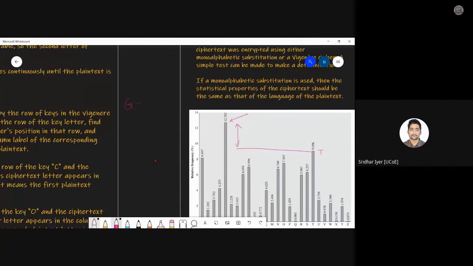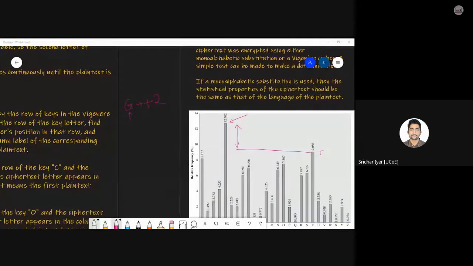So the attacker will assume that this character G is basically character E, because E also has the highest frequency in the relative frequency distribution chart. Now what is the difference between E and G? It is E, F, and G. So +2 might be the shift. Am I clear? This is just a technique I'm discussing.